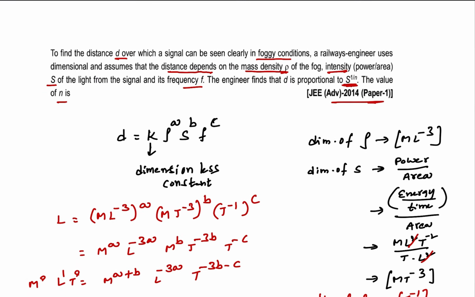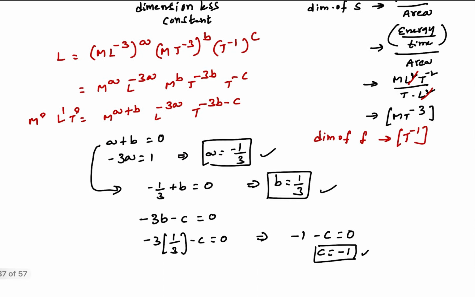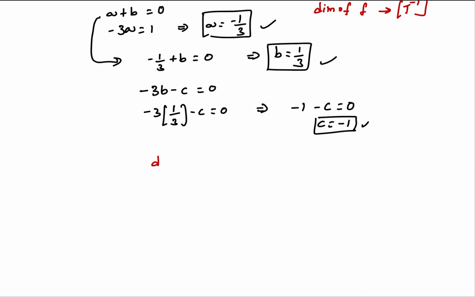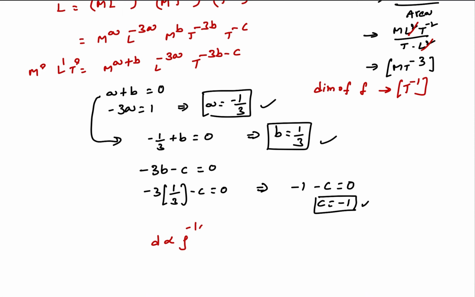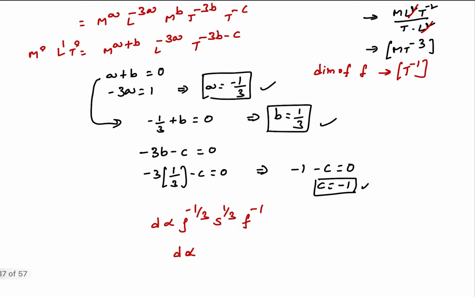If you observe this, they are not asking for all these terms. They are asking only how it depends on the intensity. We already got the relation. D is proportional to rho power -1 by 3, S power 1 by 3, and f power -1.